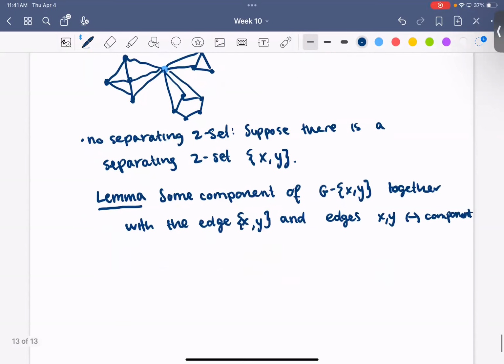Okay, so let me draw a picture. So this graph is non-planar, is the lemma.